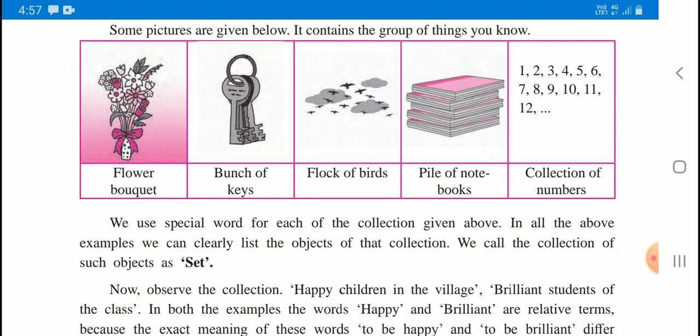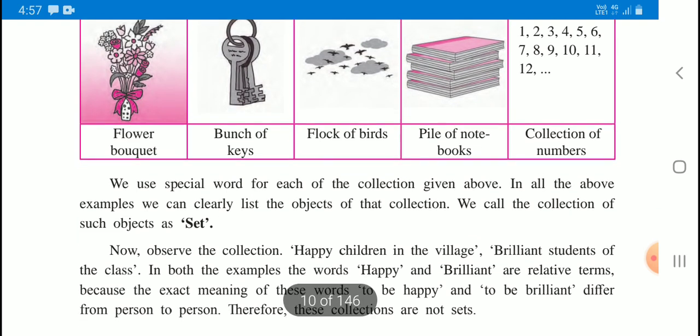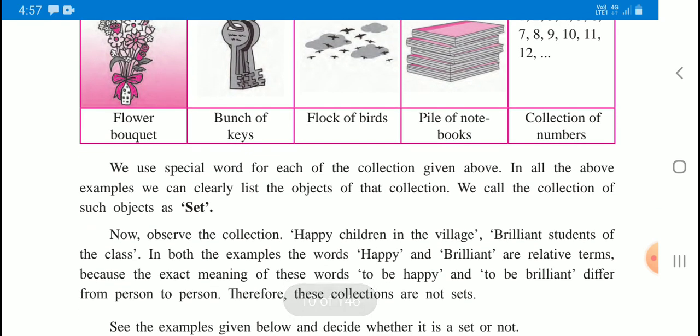In all these pictures, you can see a well defined collection of particular objects. So we can say that a collection of well defined objects means a set.